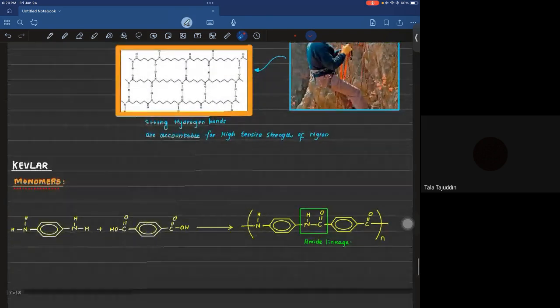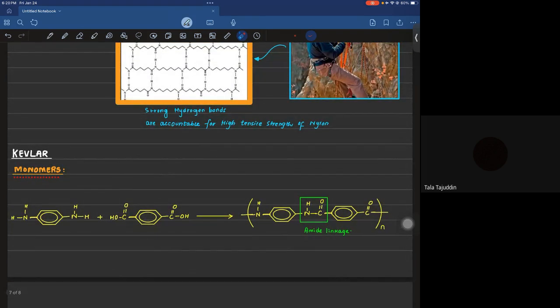The first monomer used to prepare Kevlar is this diamine, and the other is a dicarboxylic acid. When they join together, water is removed, and an amide linkage is formed.